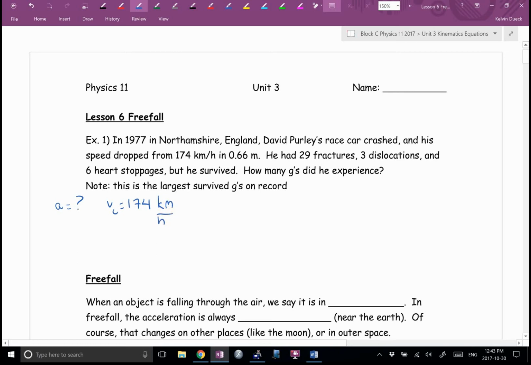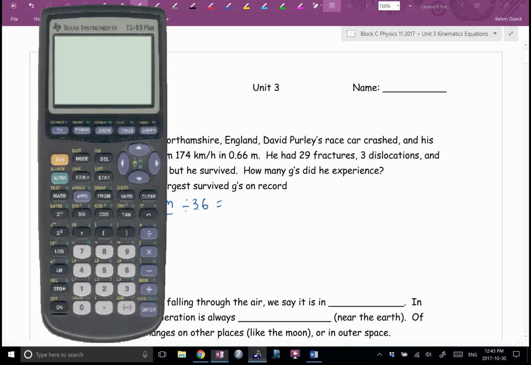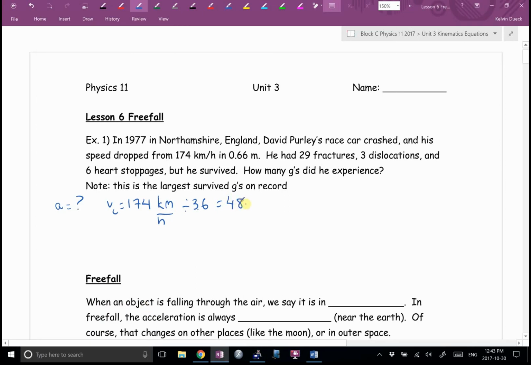And then I'm going to do a conversion. It's something to do with a 3.6. Divide by 3.6. So that's going to be 174 divided by 3.6 is 48.3 repeating. I'll go 48.3 meters per second.